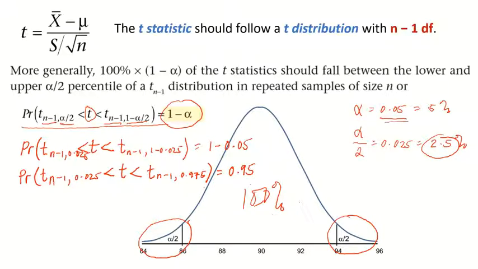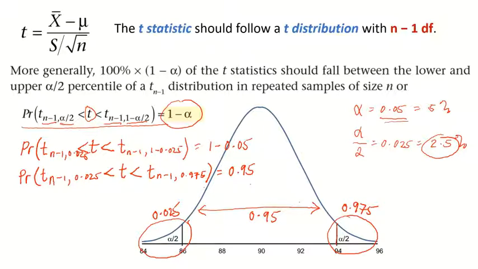So that is this remaining area here in the middle. If we illustrate that here, this one is your 0.95, and this alpha over 2 portion is your 0.025, and this portion here will be your 0.975.